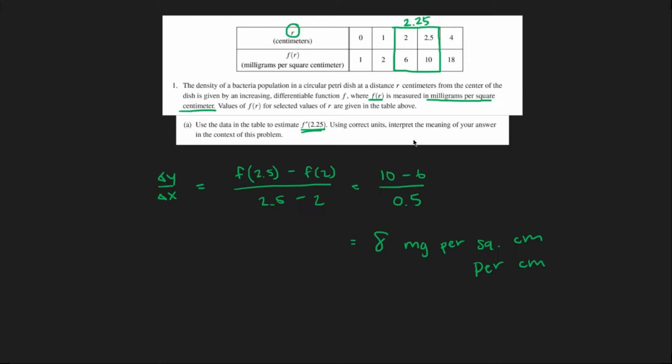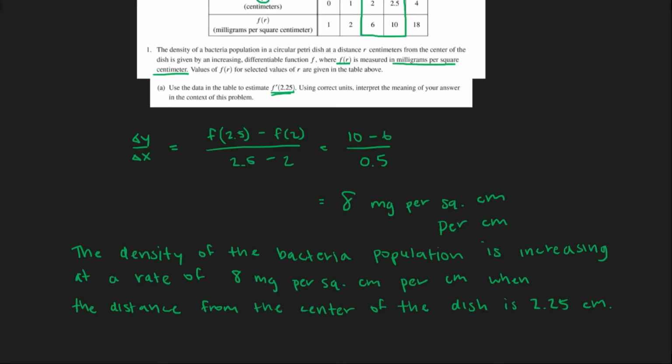If I write that out below, it's going to look something like this, where we talk about 8 milligrams per square centimeter per centimeter as a rate that's increasing, and we mention the density of the bacteria population, and we also say that this is true for when the distance from the center of the dish is 2.25 centimeters.